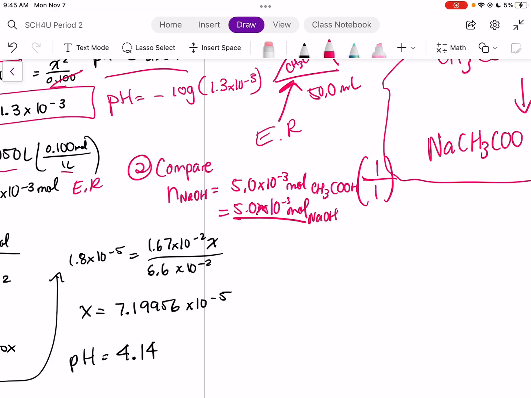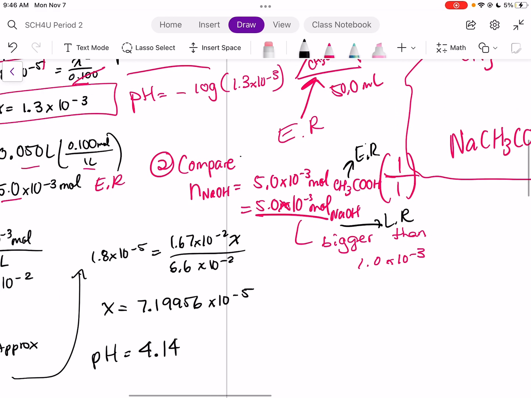This number is greater than the original, which is 1.0 times 10 to the negative 3. So this means that this is excess reagent and NaOH is my limiting reagent. Please review if you're confused about LR and how to find it. We need to use that.